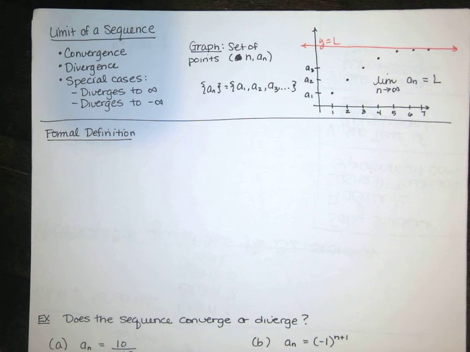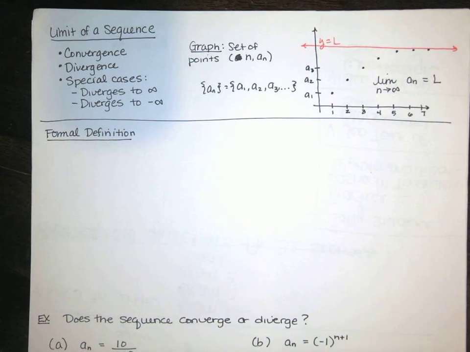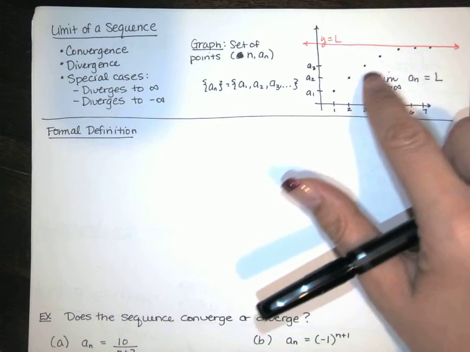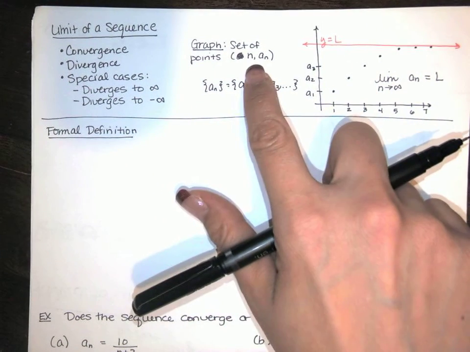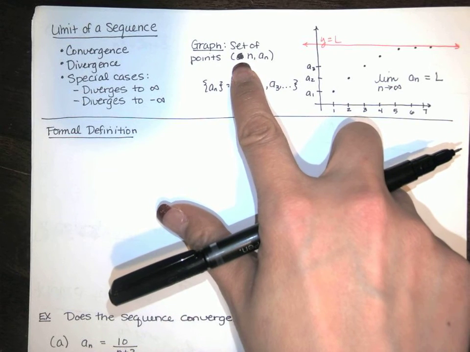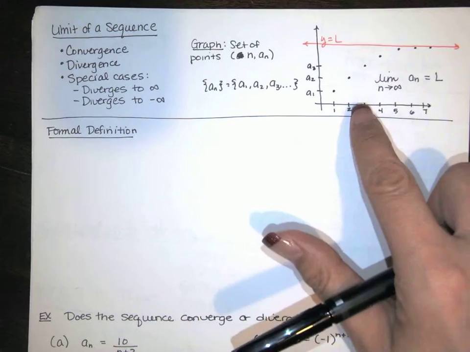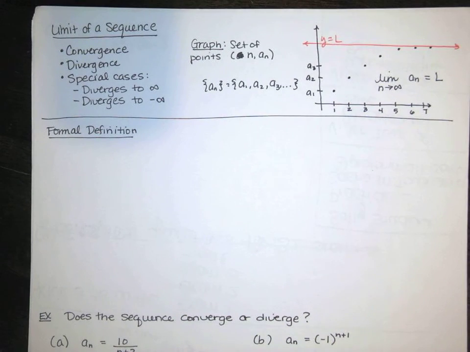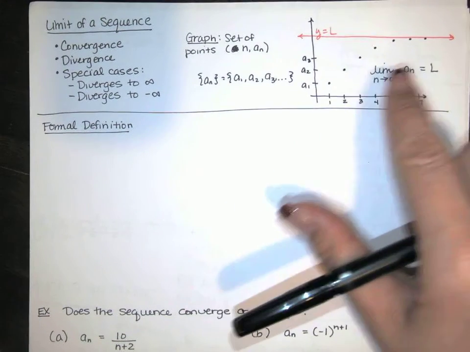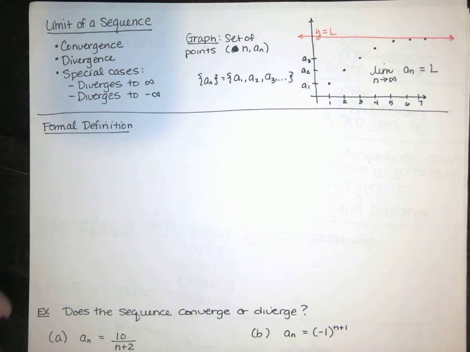In Calculus 1, we had functions of x, and as x went to infinity, we had this continuous, nice smooth curve, and we wanted to know what happened to the y values on that function. We're looking for y values here as well, at least in these ordered pairs. We're thinking of this as an xy pair. Again, n is our independent variable, and a sub n is our dependent variable. But instead of something that's continuous, I'm just looking at a bunch of points. I'm looking at the values of those points and seeing if they get close to L.